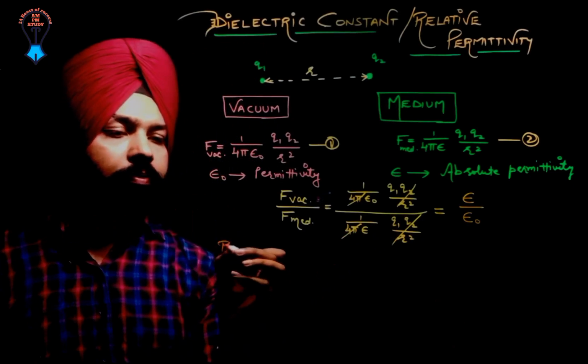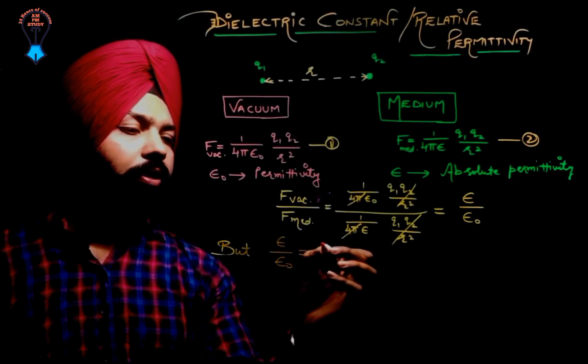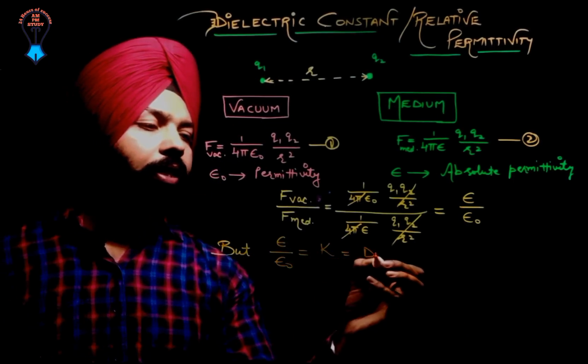But epsilon by epsilon naught is called dielectric constant.